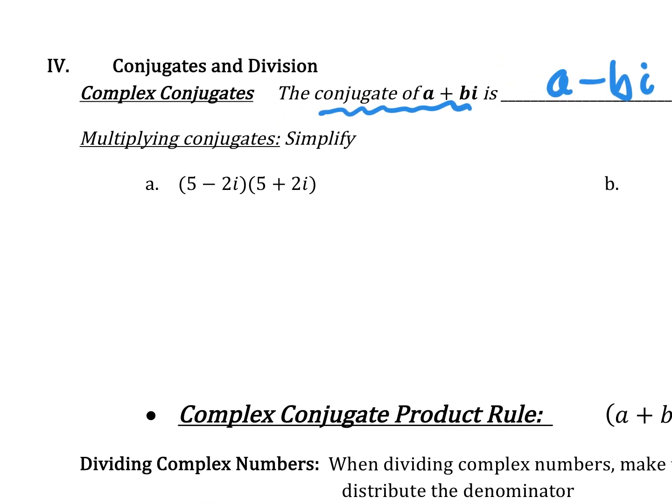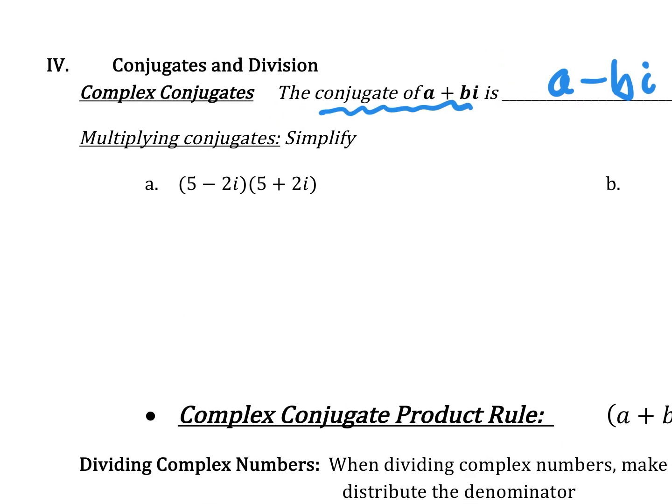So here we have two conjugates, 5 minus 2i and 5 plus 2i. All right, and so let's see what that comes out to be when we multiply that. 5 times 5 is 25. 5 times 2i is 10i. Negative 2 times 5 is negative 10i.